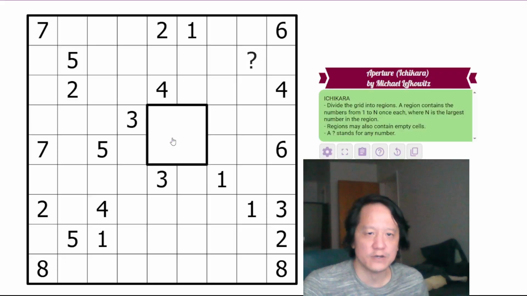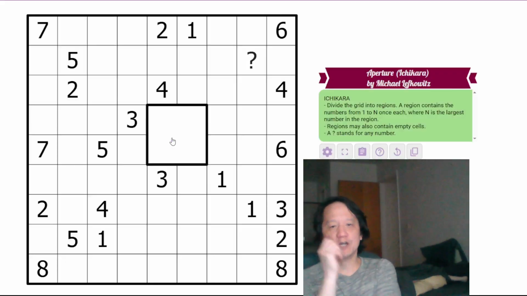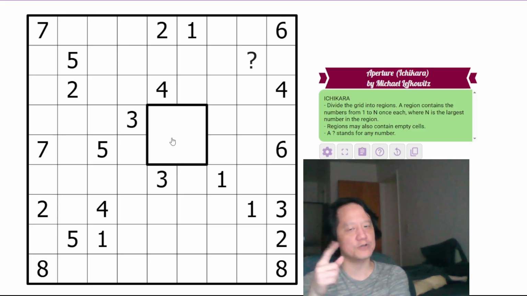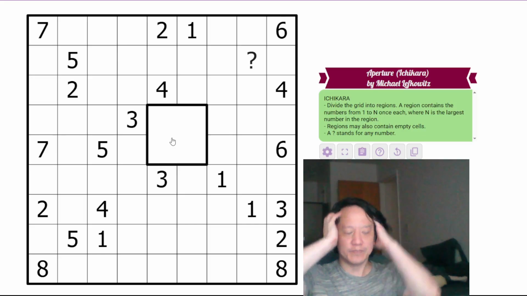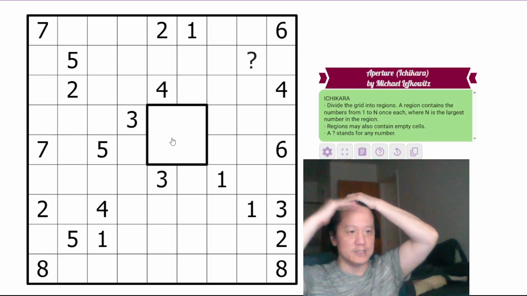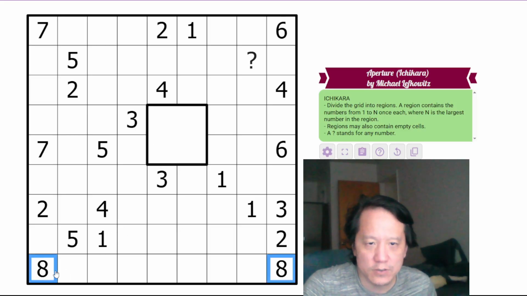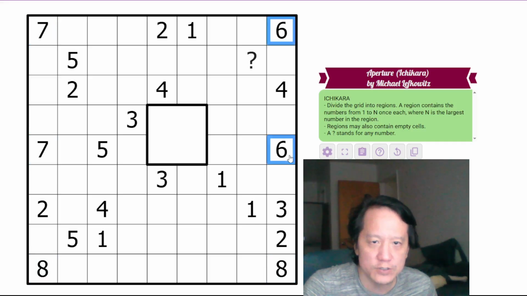Let's go. Okay, what I like doing with Ichikara puzzles is counting the number of digits we have total, and that does not usually include the question mark. That will tell us what each region's largest number can be. So we have 2 8s here, we have 2 7s here, and 2 6s.